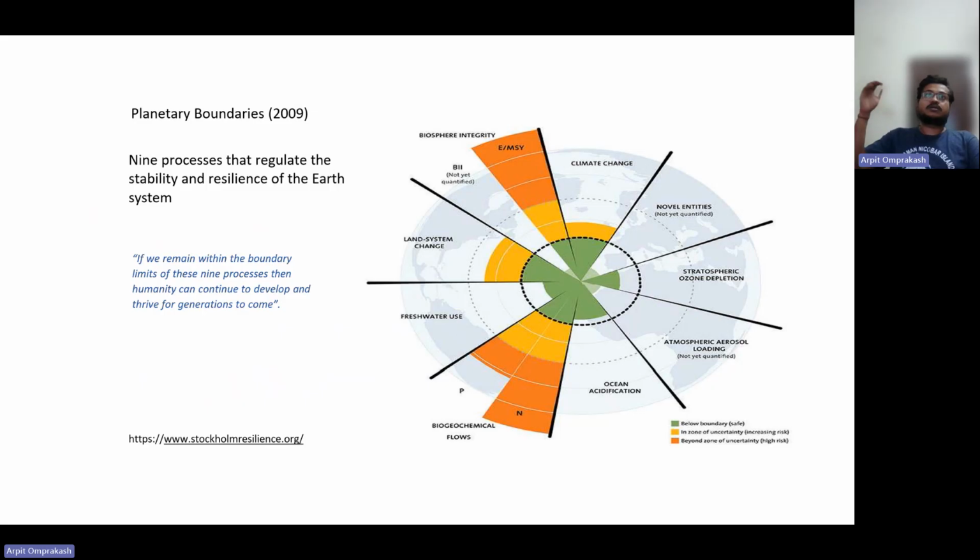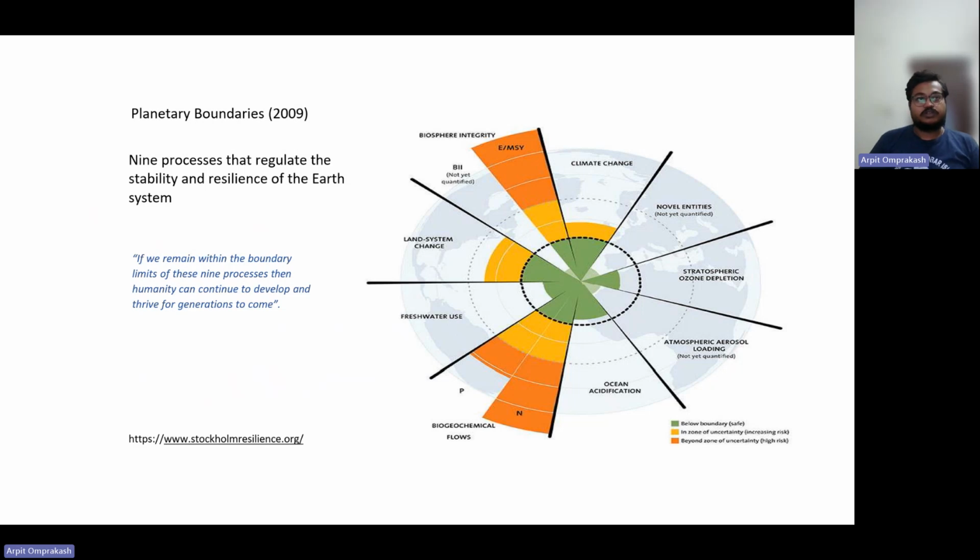As we know, we have an ozone layer which is covering the Earth. Depletion of that ozone layer allows harmful UV rays to penetrate the atmosphere. So ozone layer depletion is another of these processes which regulates the stability and resilience of our system.